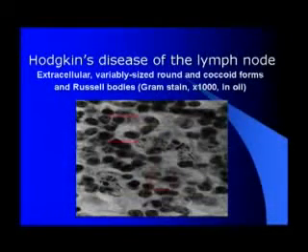Now, here is Hodgkin's disease of the lymph node. Again, you can see on the top the larger Russell bodies, and you can see these smaller coccoid forms. Those tiny coccoid forms down here are about the size of common staphylococcus, but these larger forms are 3, 4, 5, 6 times as large.